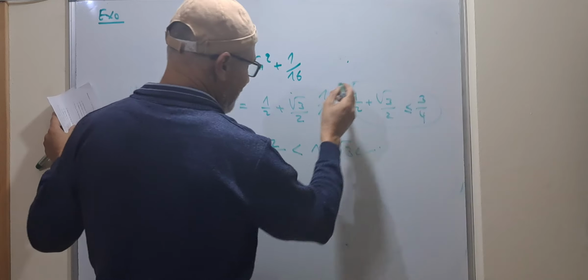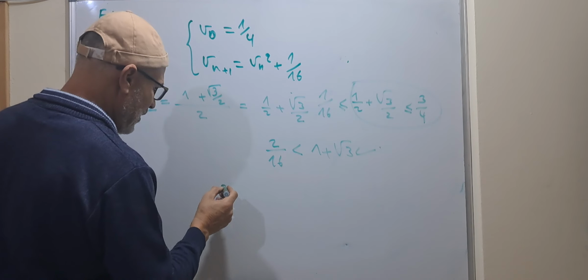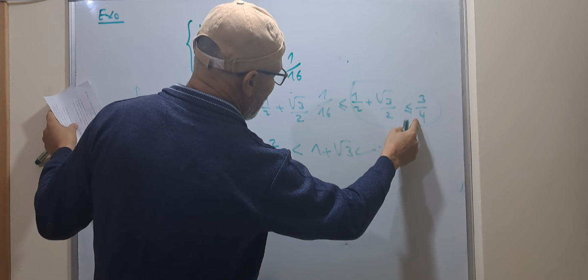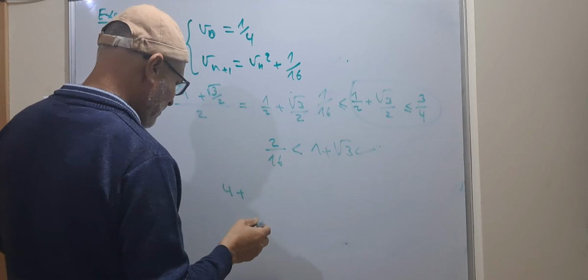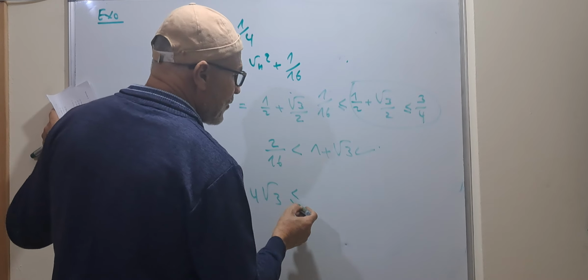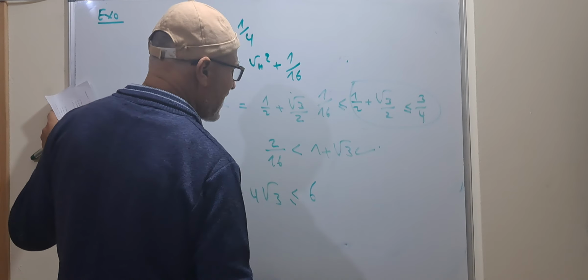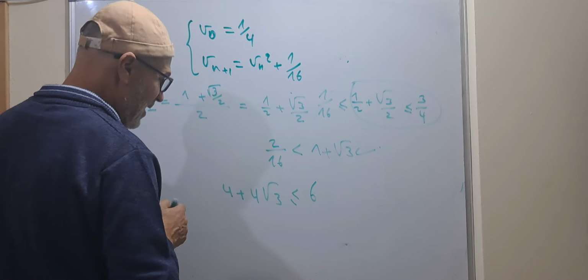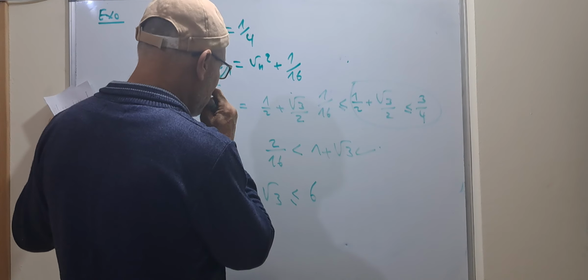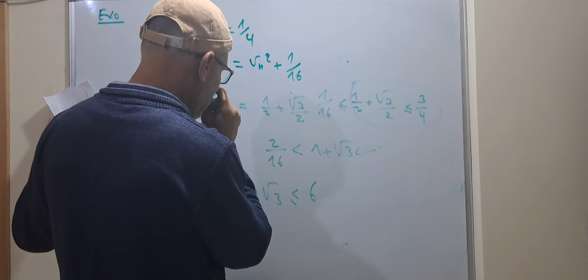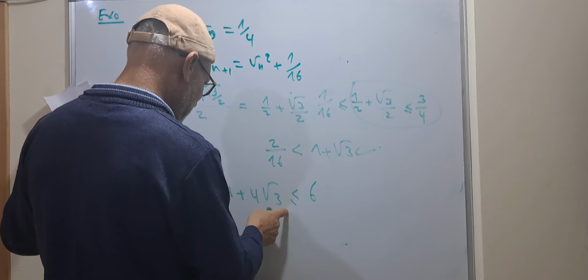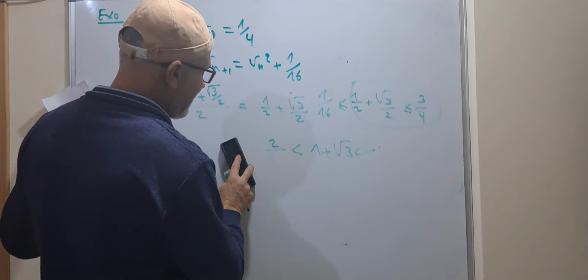How about this side? We have 4 plus 4 times the square root of 3 less than or equal to 6, and this is not true. What is wrong here?